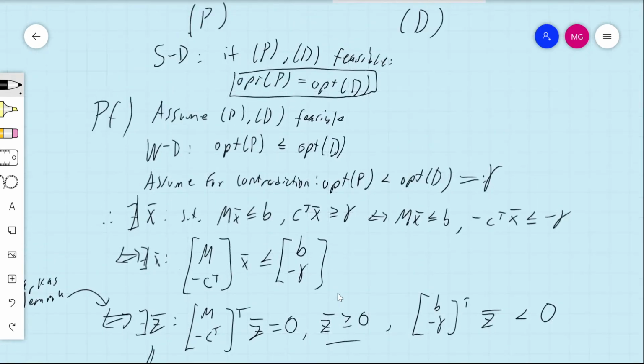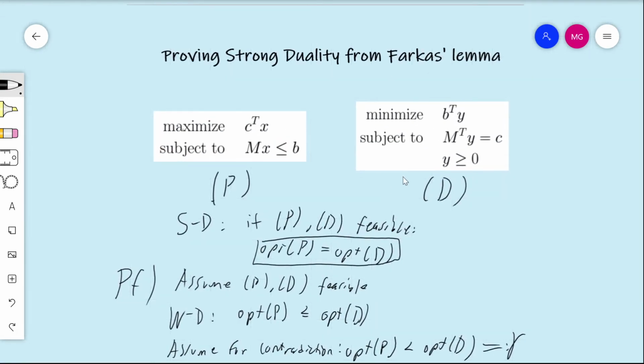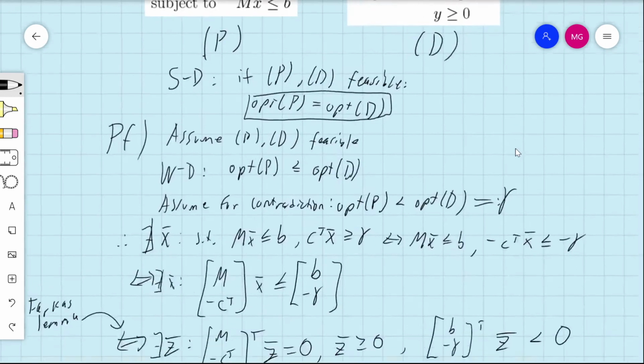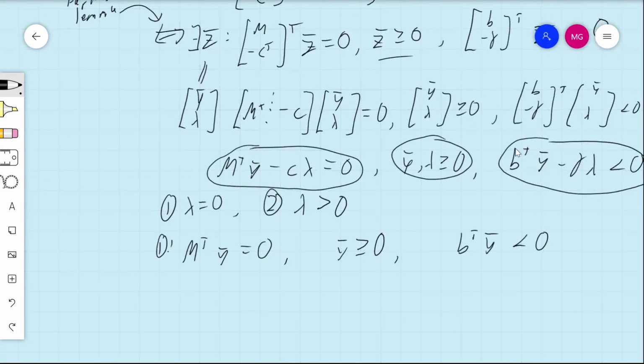If we scroll back up to close to the top here, y was the variable for the dual variables of this dual linear program. But it's not true that y bar is feasible for this dual, because you see here we have M transpose y equals c, whereas down below what we have is M transpose y bar equals 0. So this y bar isn't feasible unless c equals 0, of course, but it's probably not. So let's just assume it's not feasible.